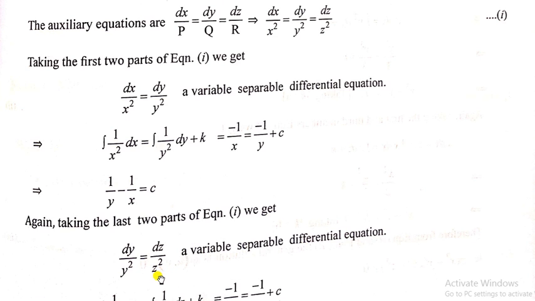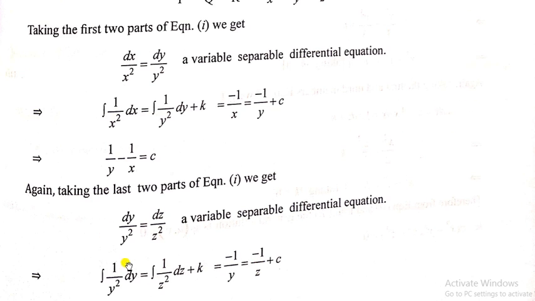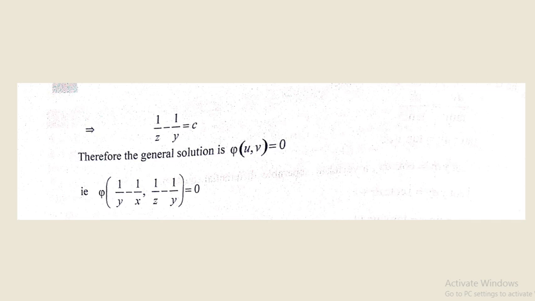Again it is variable separable form, y and dy on one side and z and dz on another side, so we integrate. Integration of 1 by y square is minus 1 by y, and of 1 by z square is minus 1 by z. So 1 by z minus 1 by y equal to c, which gives the second result.